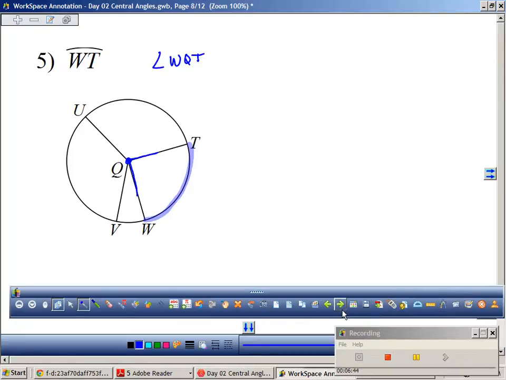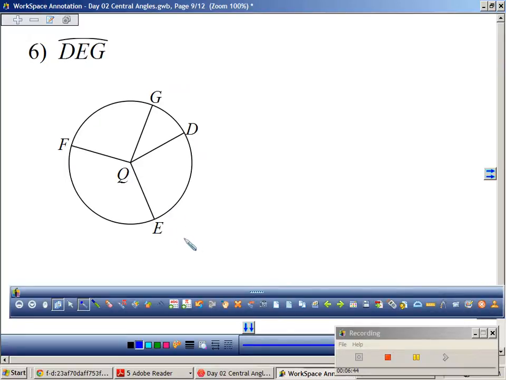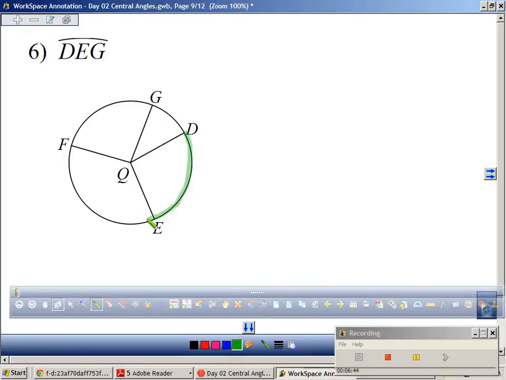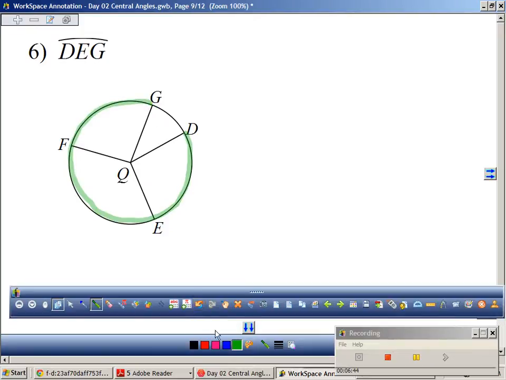Next one, number 6. Number 6 asks the same thing. Name the central angle given the arc. Well, they've given me a major arc. I know it's a major arc because it's got 3 letters. So first I'm going to map out the major arc. I'm going to put it in green because it's the major, not the minor. So D, E, all the way around to G is the major arc.